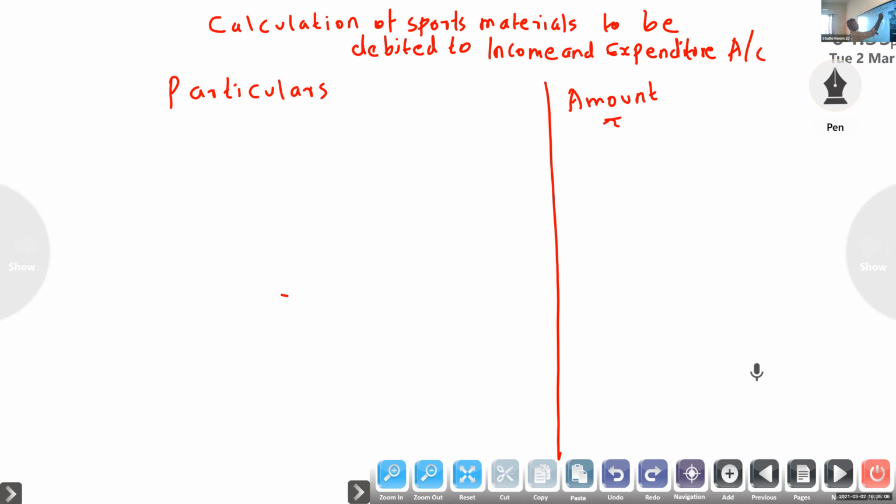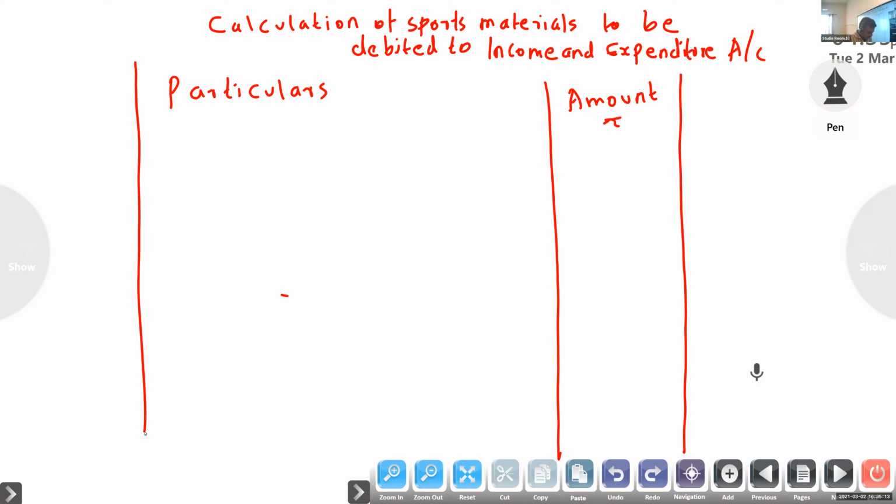So only two columns: particulars and amount. We know the format.